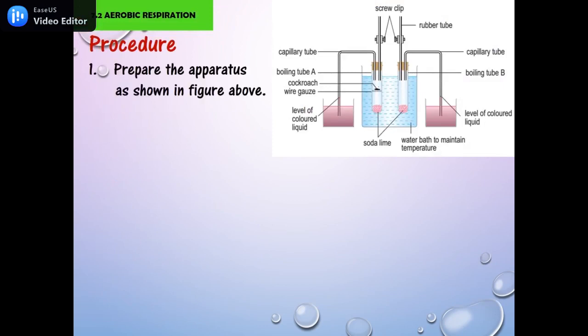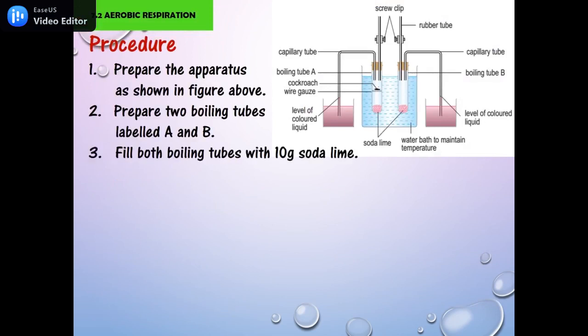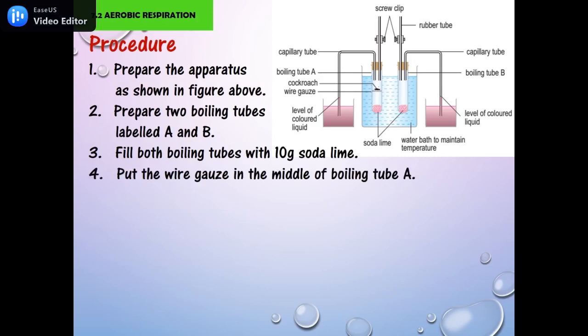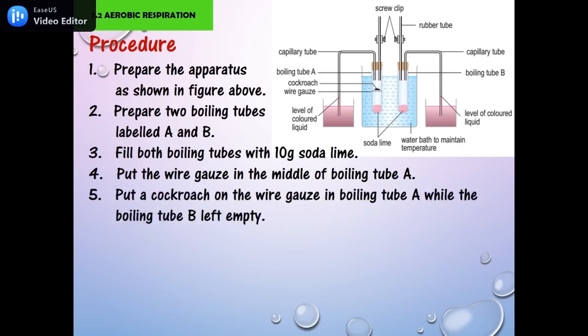Procedure. Prepare the apparatus as shown in the figure above. Prepare two boiling tubes labeled A and B. Fill both boiling tubes with 10 grams of soda lime. Put the wire gauze in the middle of boiling tube A. Put a cockroach on the wire gauze in boiling tube A while boiling tube B is left empty.